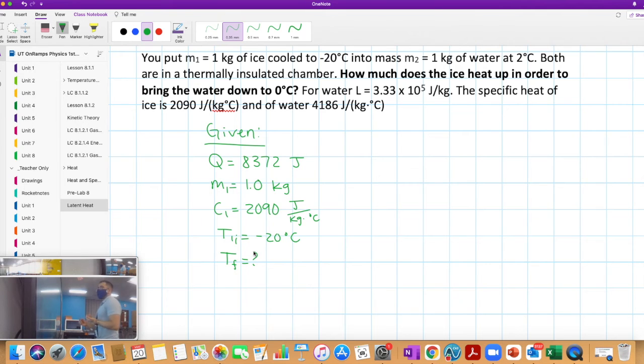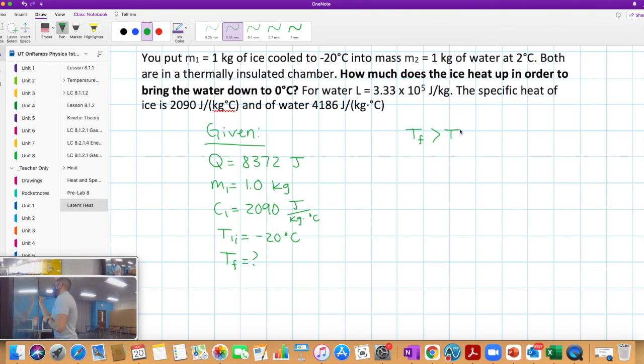Okay? And we can state the fact that we know that the ice is going to increase its temperature. It's going to experience an increase in temperature, meaning the temperature final will be greater than the temperature initial.